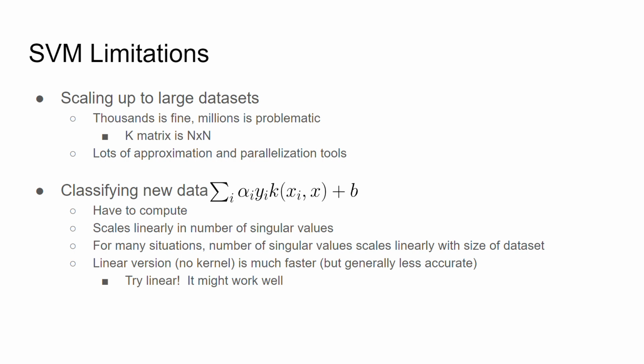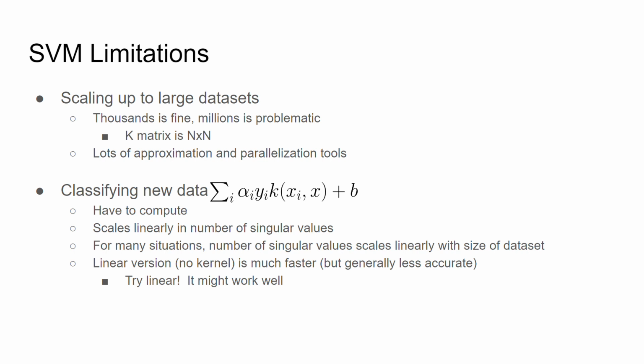And in general, the linear version with no kernel is way faster, because you're going to end up with some weights, and you can do the dot product of my new data with the weights. That's fast. I don't need to store any of my data.